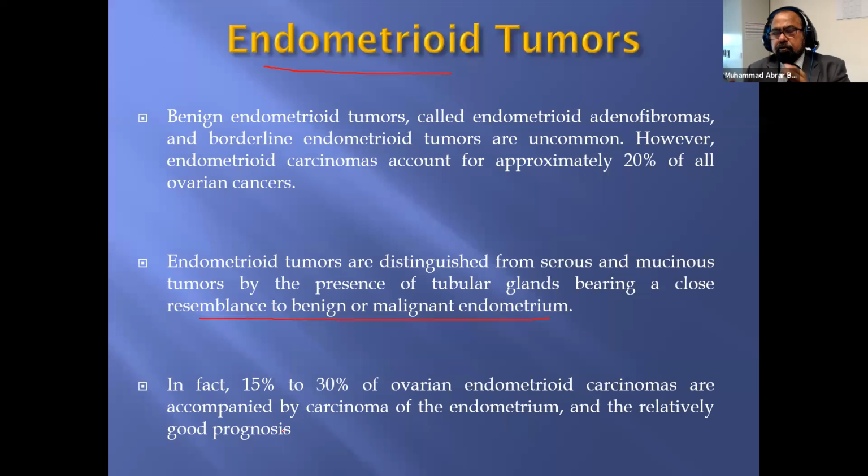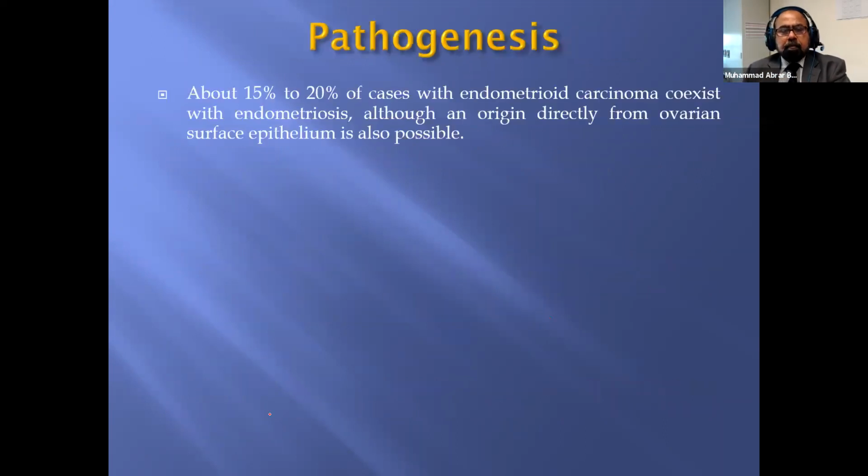This means that if you have ovarian endometrioid carcinoma and you look at the uterus, in probably 15 to 30% of cases you will see the uterus also involved with endometrioid carcinoma. Pathogenesis: about 15 to 20% of cases of endometrioid carcinoma coexist with endometriosis. So endometriosis is also an important factor, although the origin can be directly from the ovarian surface epithelium.